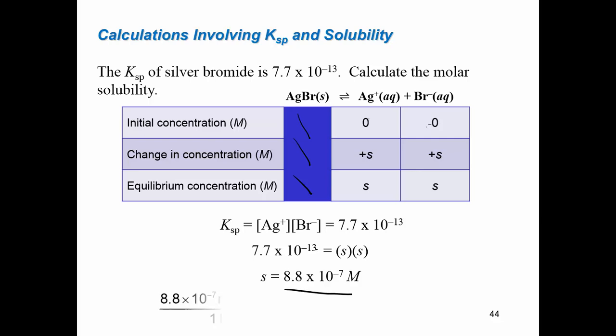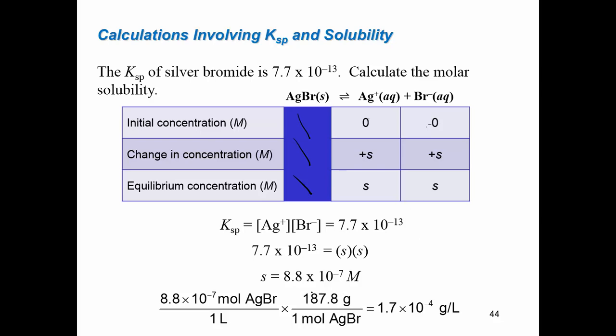So we can calculate the molar concentration based on the molar mass. We calculate our S value, that is the concentration. We then convert those moles to grams, so now we have grams per liter, and this is called the molar solubility of the compound.